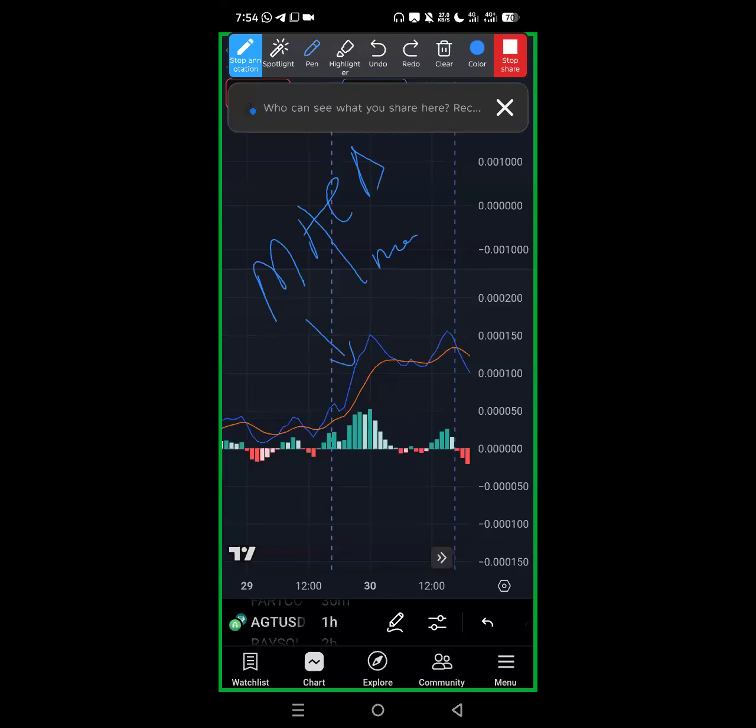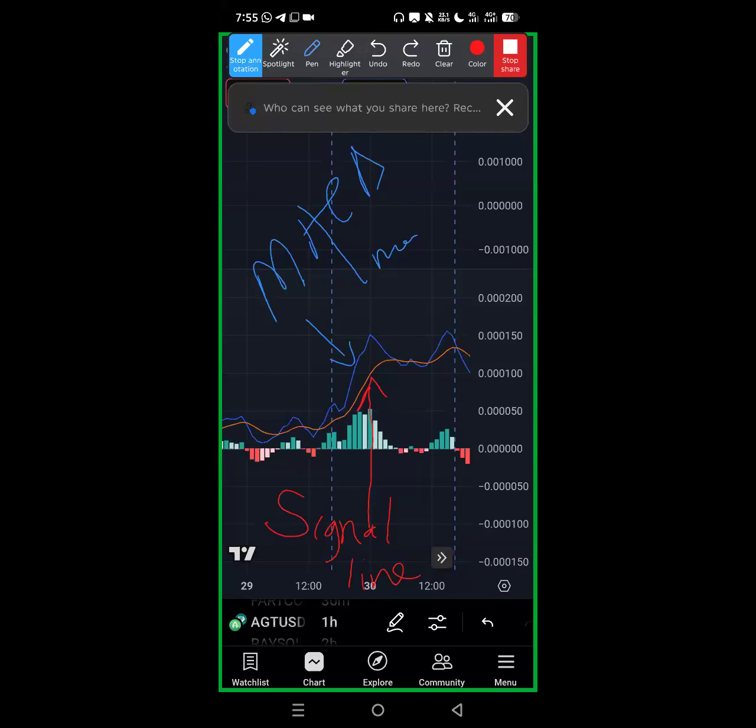And then this other line, which is orange in color, is what we call the signal line. The blue one is the MACD line, and the orange one is what we call the signal line.